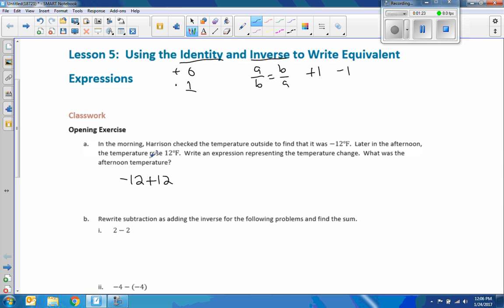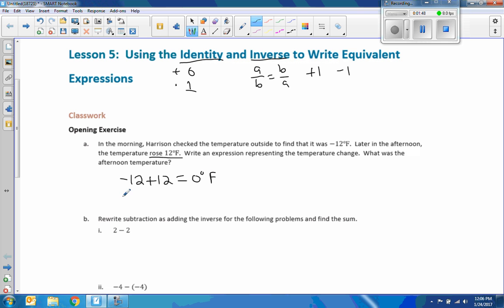So be careful how it's worded. If it said rose to 12 degrees Fahrenheit, that would have been our final temperature, and the difference would have been bigger. But here we went from negative 12, it rose 12 degrees, and now it is 0 degrees. And we should throw in an F there for Fahrenheit, because Celsius 0 is different than Fahrenheit 0.